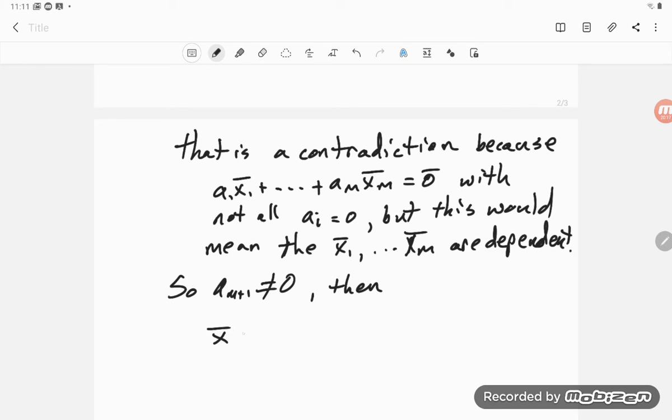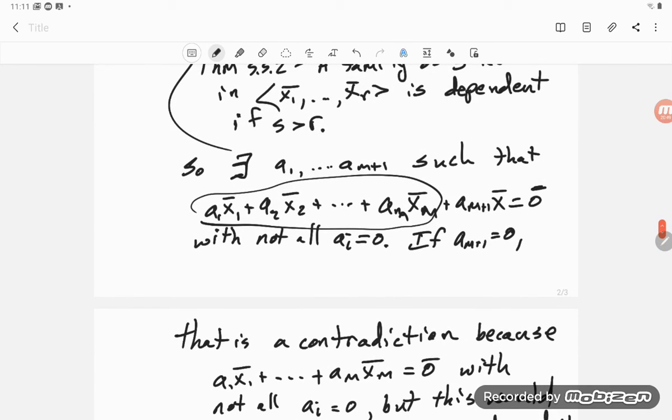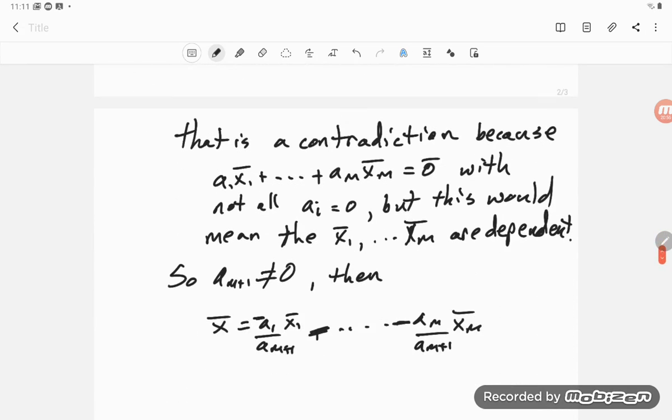So x is equal to minus a1 x1 over a sub m plus 1, and so on, minus am over a sub m plus 1 xm. All I did was come up to this equation and solve for x.